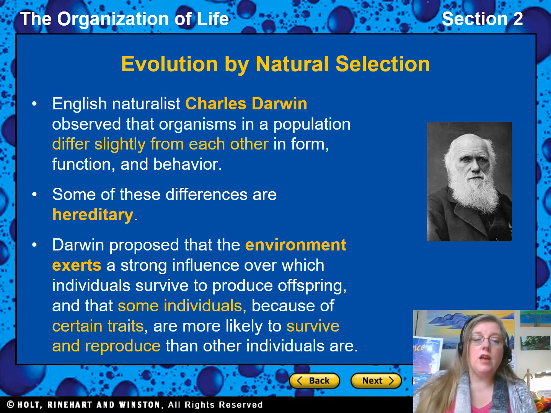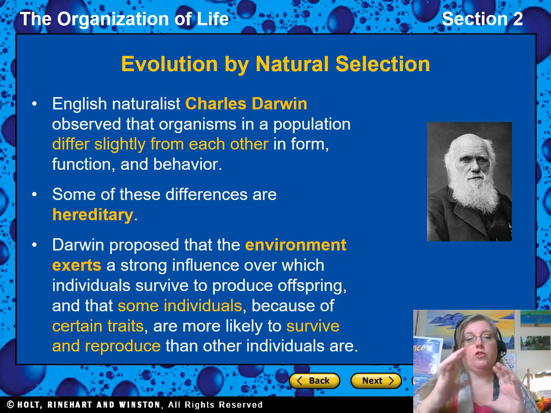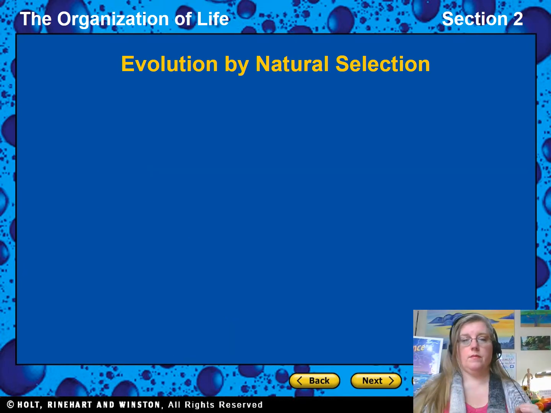And he proposed the idea that the environment exerts a strong influence over which individuals are going to survive to produce offspring. Some individuals have certain lucky traits that make them more likely to survive and reproduce than other individuals.